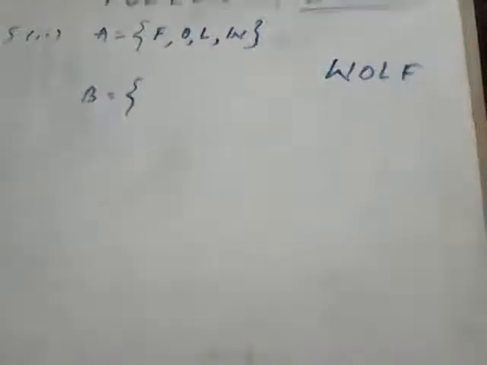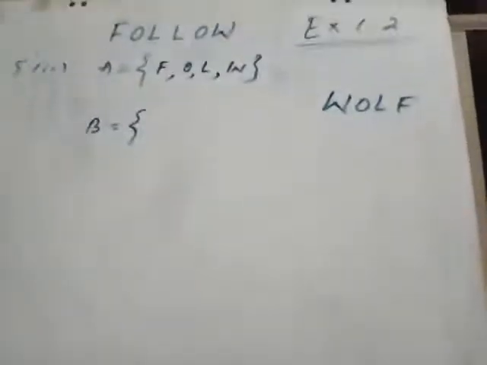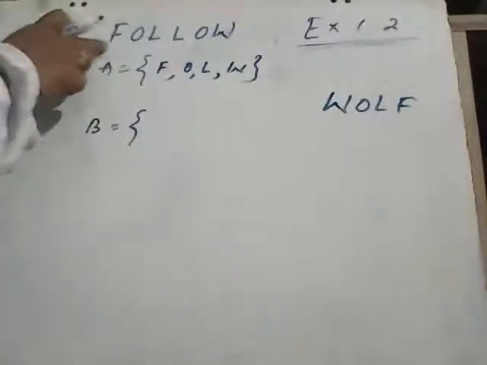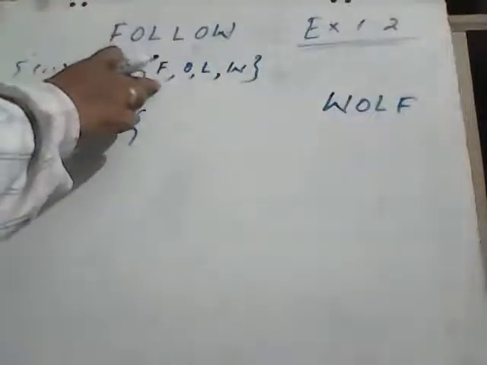We'll consider once. If we write set B, for set B, WOLF. This word is given. From follow, we are collecting the letters.